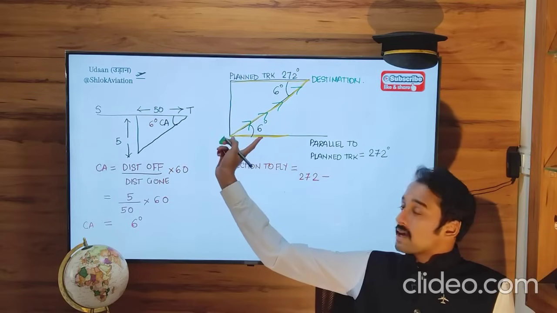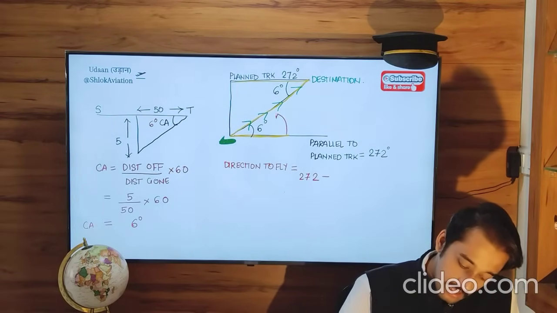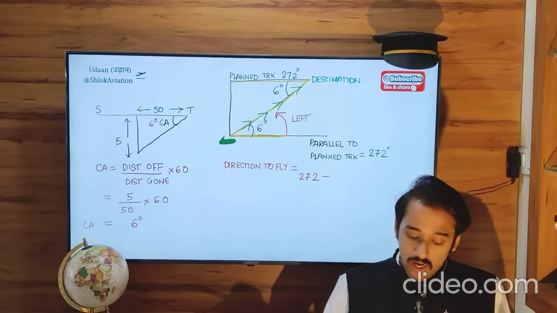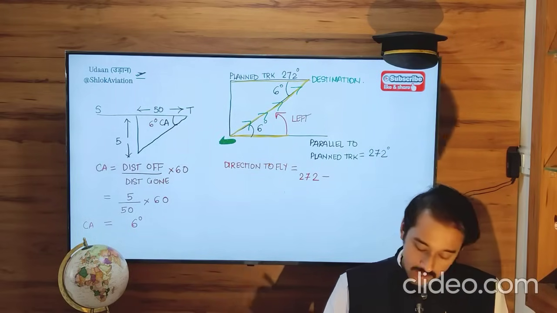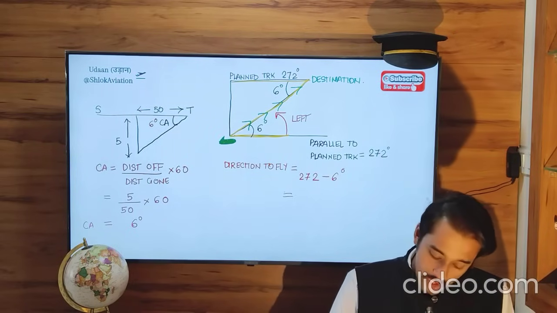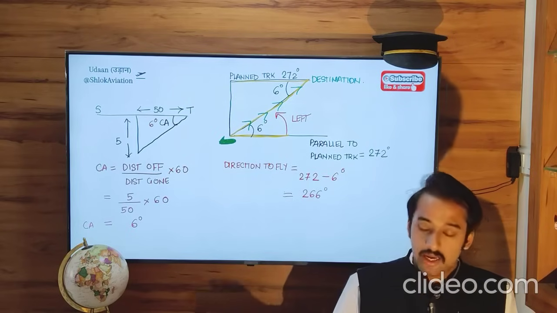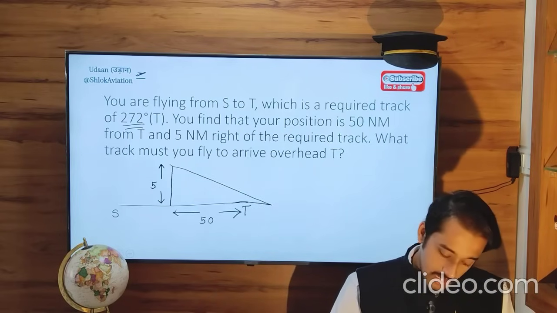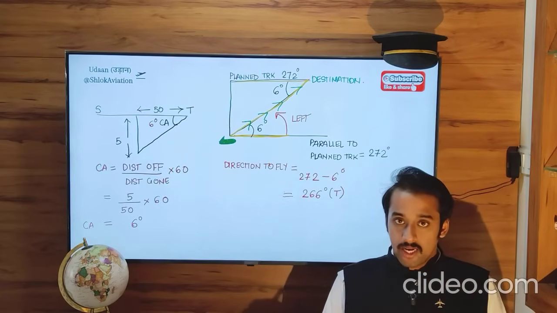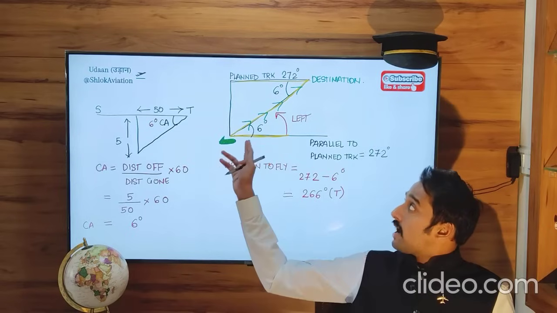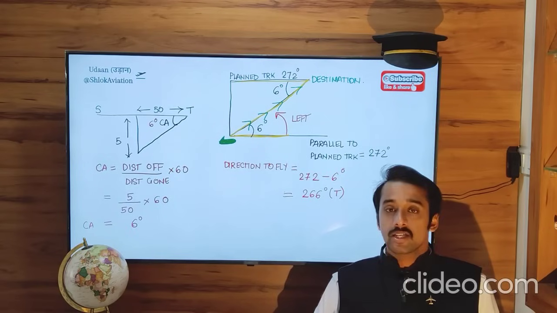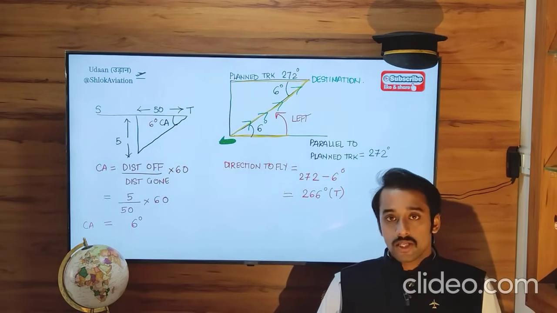Now from here we will have to make a left turn, a left hand side turn, to arrive at the destination. So minus 6 degrees. So the direction you will fly will be equal to 266 degrees, that is a true direction. So your planned track was 272 and therefore to arrive directly overhead your destination, you will have to make a left turn and therefore your new direction becomes 266 degrees.